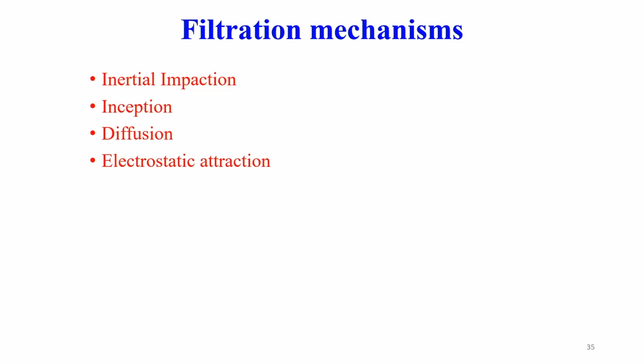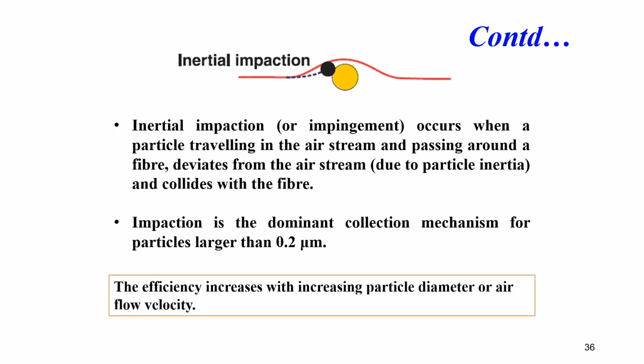And these are the 4 different mechanisms of filtration: inertial impaction, interception, diffusion and electrostatic attraction. So, we will quickly go through each of them. The first one is inertial impaction. As the name suggests, if there is a flow, the particles have a certain velocity, and a particle travelling in the air stream and passing around a fiber deviates from its air stream due to particle inertia, and it collides with the fiber.